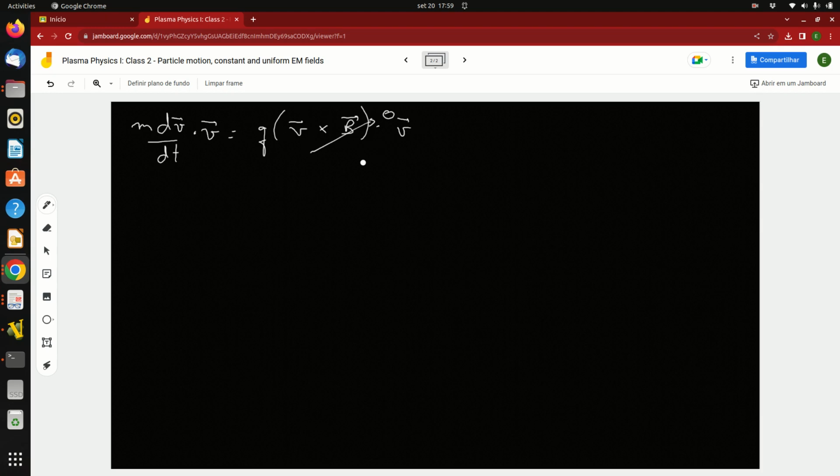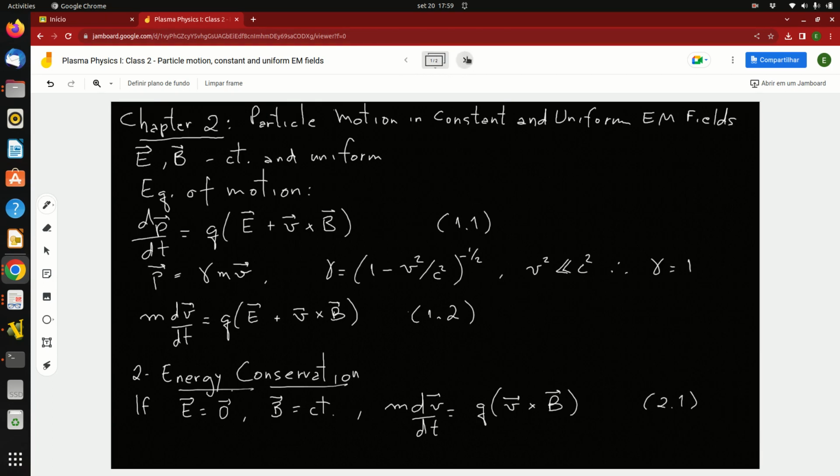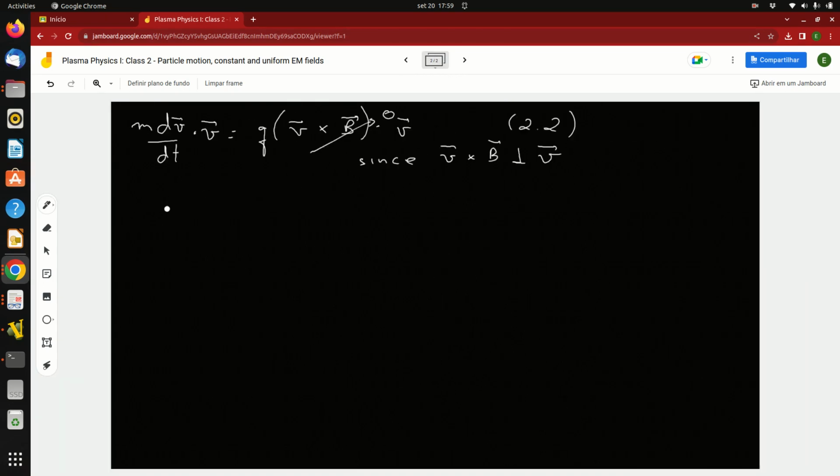Since V cross B is perpendicular to V. So this is equation 2.2.